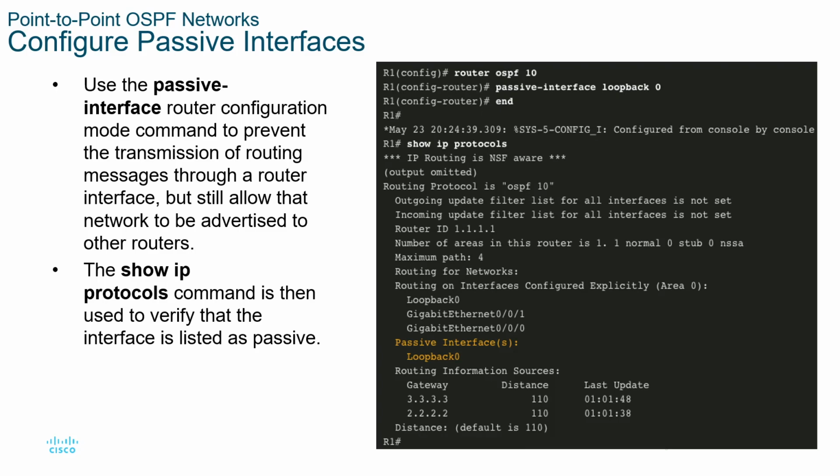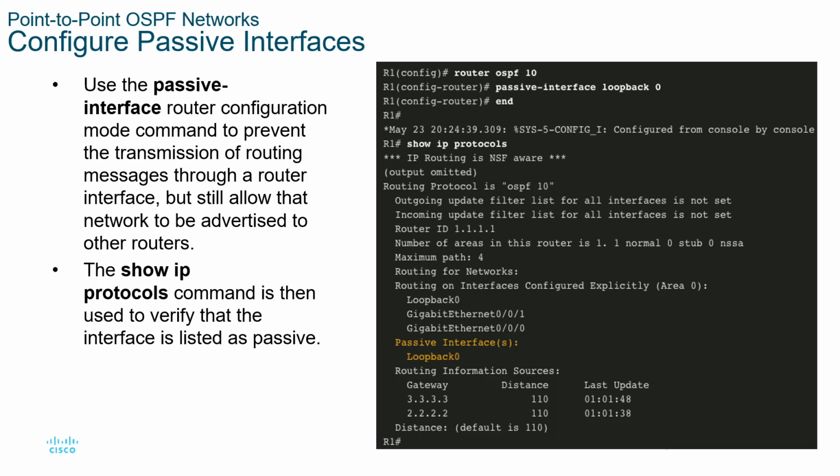It will show you everything related to your OSPF router configuration: the router ID, the interfaces being advertised, whether you have a passive interface or not, and the routing information sources, which are basically the other routers. So that is your show ip protocols.